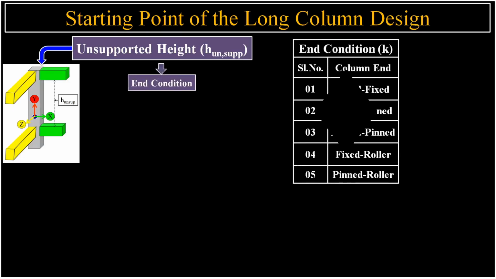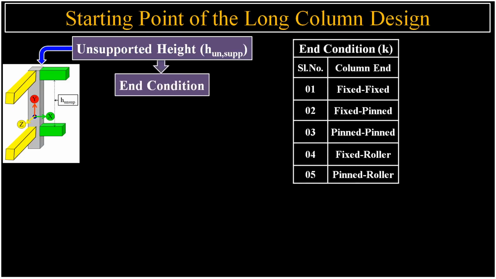After finding the unsupported height, the next critical step is to determine the end conditions, or support conditions, of the column. These conditions define the fixity against rotation and translation. They can be generally grouped as: number 1, fixed end.